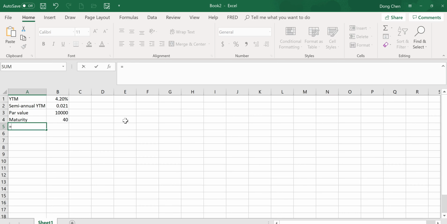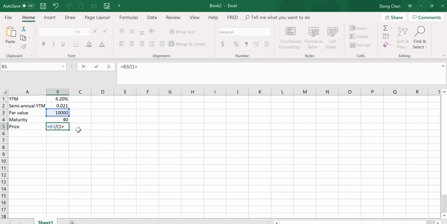So now I can just directly discount the par value back to the present to get the price, the present value.